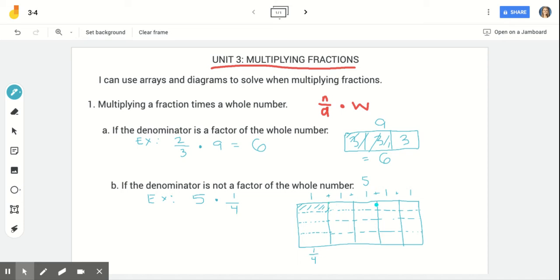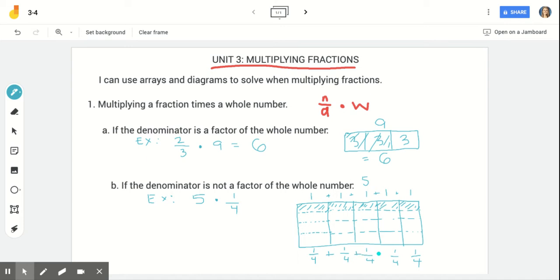I'm going to have to continue down. 1/4 of 2 wholes now is 2/4. 1/4 of 3 wholes is 3/4. 4/4. And last step is 5/4. And I labeled fourths underneath all together.